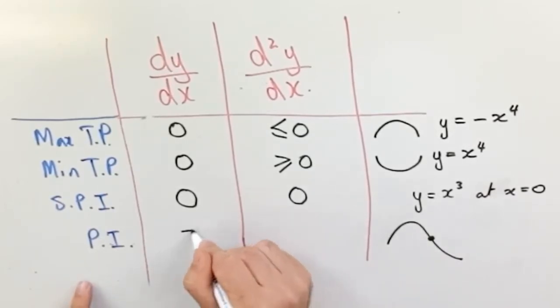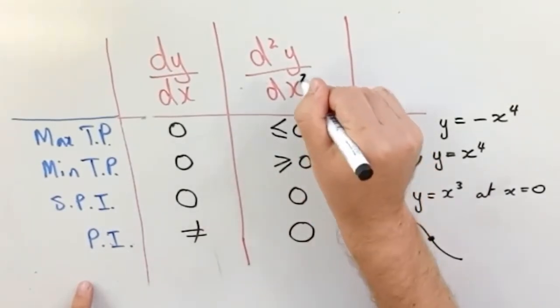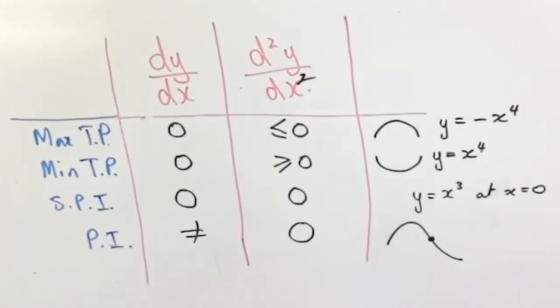So that's when the double derivative, d squared y over dx squared, I forgot my double derivative, equals 0, but the derivative isn't equal to 0. That indicates you've got a point of inflection that's not stationary.